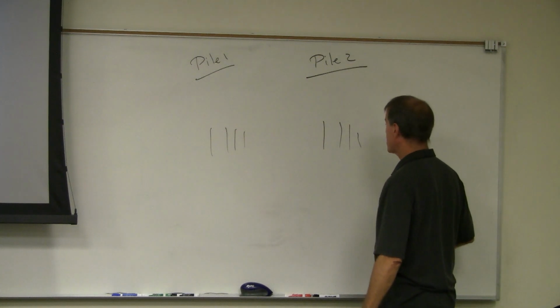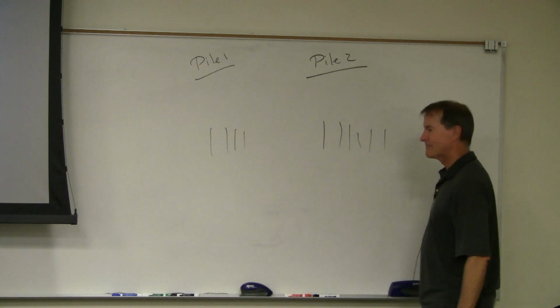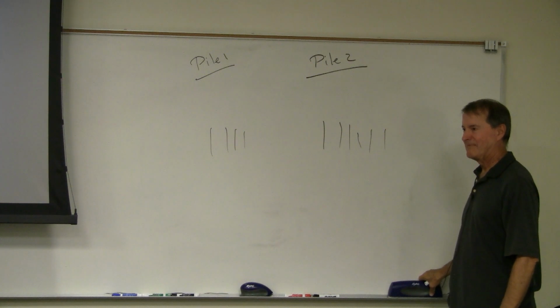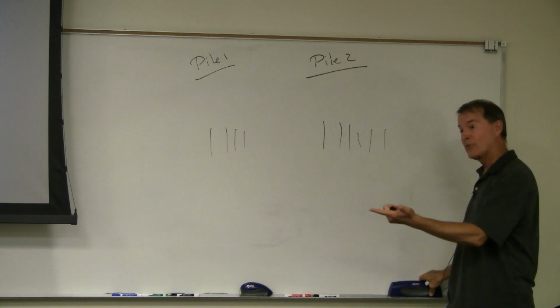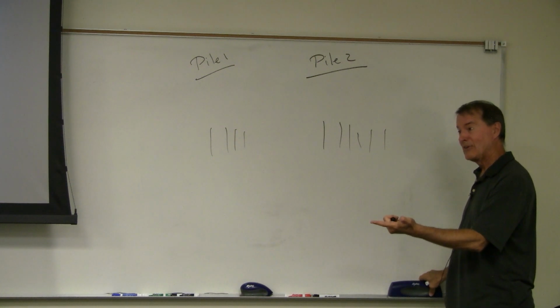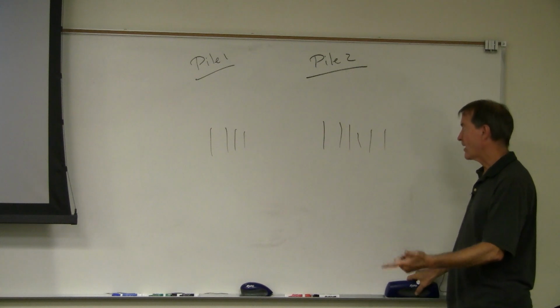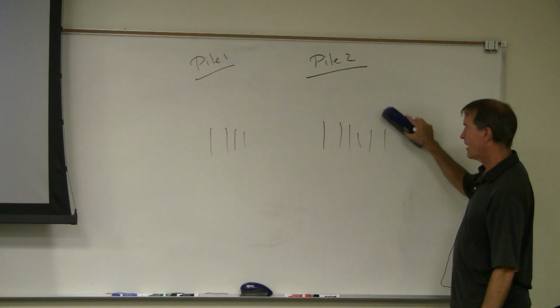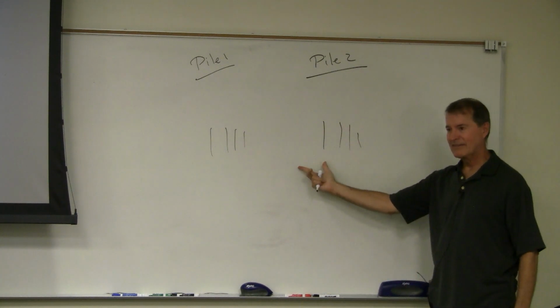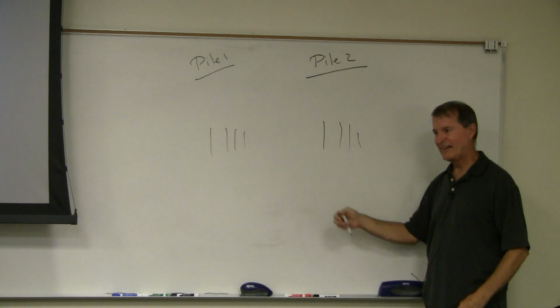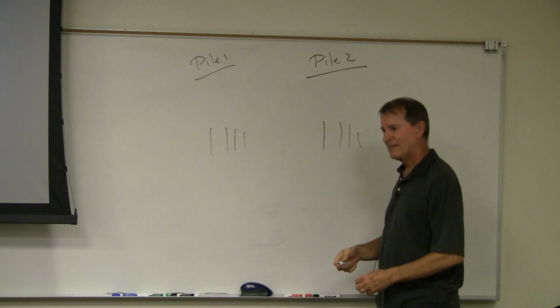Well, but what if it starts off like this? And now the person who goes first can force what? The other person losing. Right, and why is that? Oh, so the strategy is to make them even.